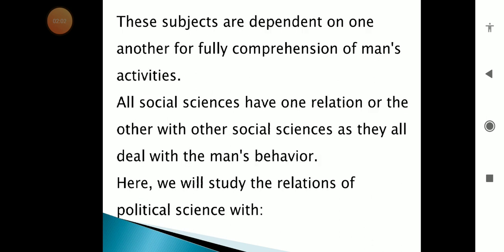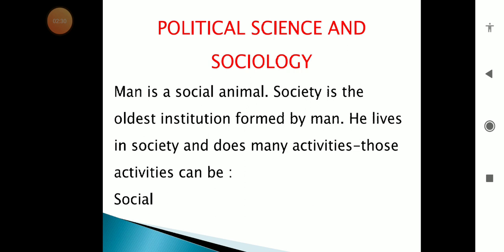So these subjects are dependent on one another for fully understanding man's activities, and all social sciences have one relation or the other with other social sciences, right? Here we will study the relations of political science with sociology today, and we have already done history and economics. So let's check out political science and sociology, right?